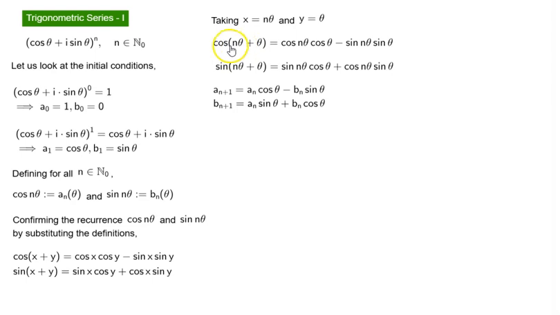Here this can be written as θ times (n+1), and here again θ times (n+1). That means these two are going to be a_(n+1) and b_(n+1). So a_(n+1) is equal to a_n cos θ − b_n sin θ, because look at the definition, cos nθ is equal to a_n(θ), and b_(n+1) is equal to a_n sin θ + b_n cos θ.